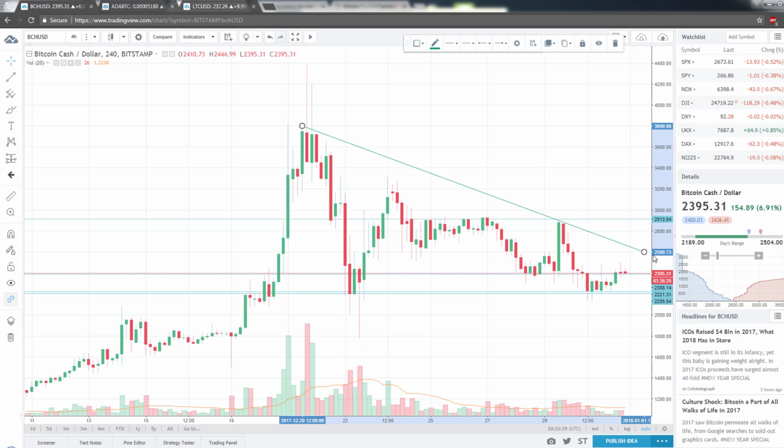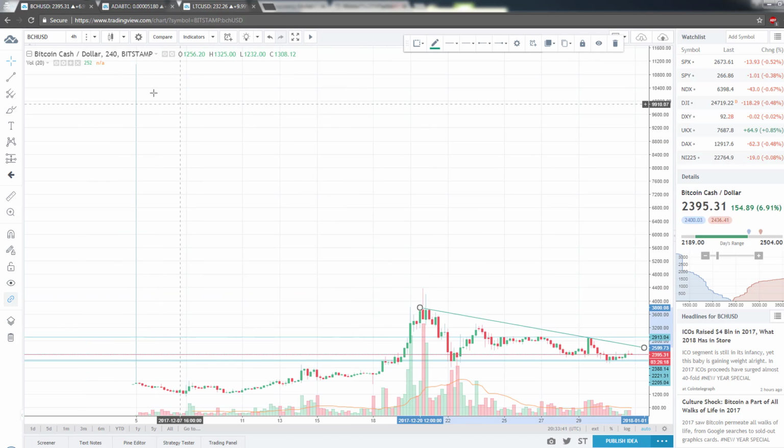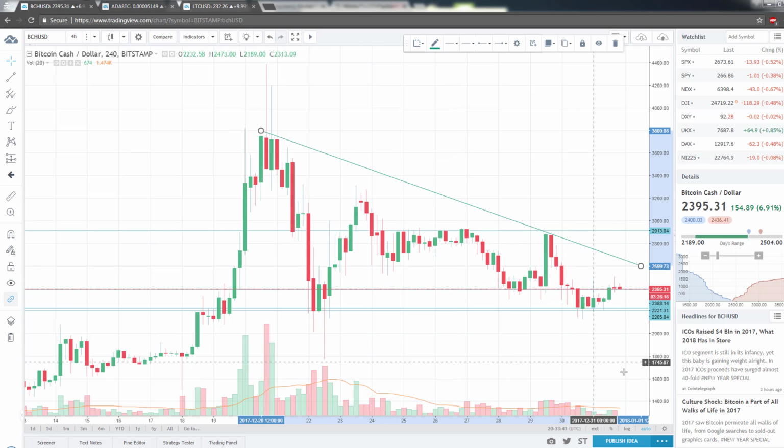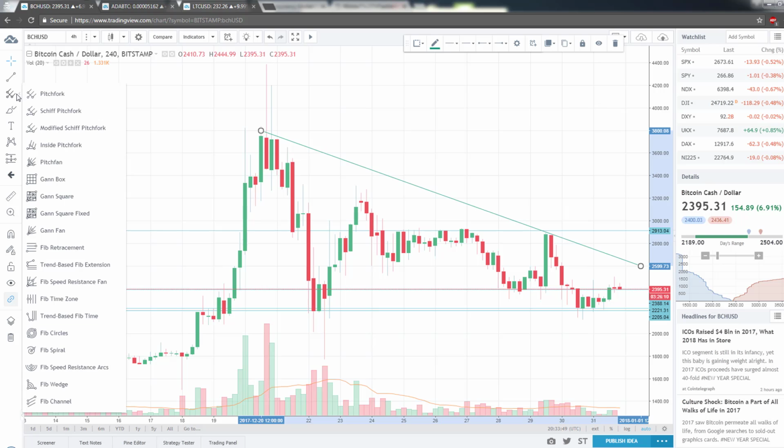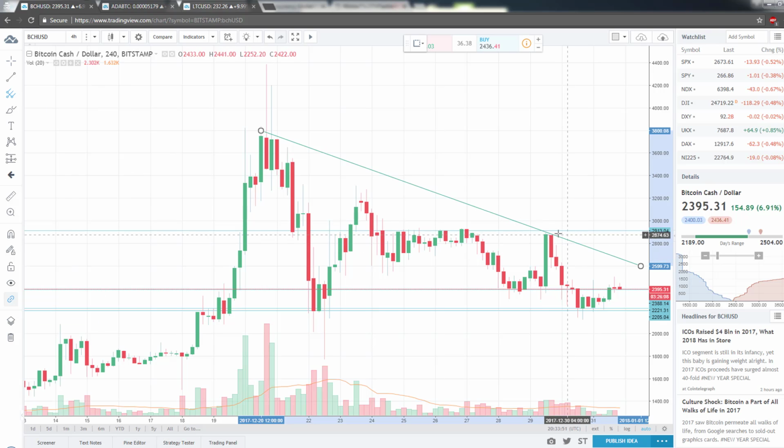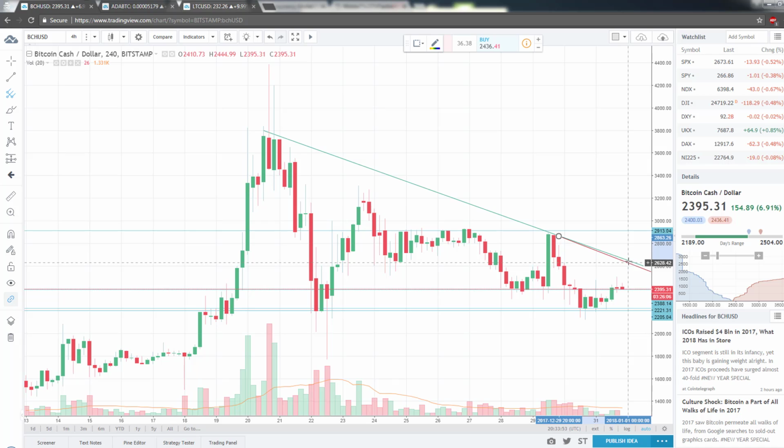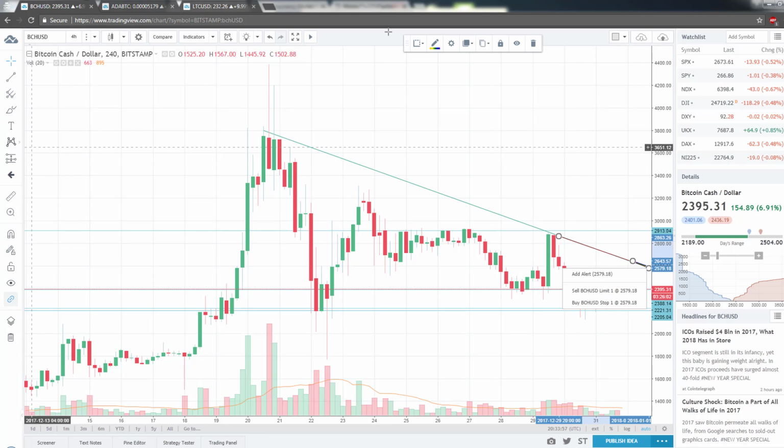So is this a buy, a hold, or sell? This flag formation that we're seeing right now, I would feel comfortable buying after it breaks this trend line. After it breaks this trend line, then I would buy.